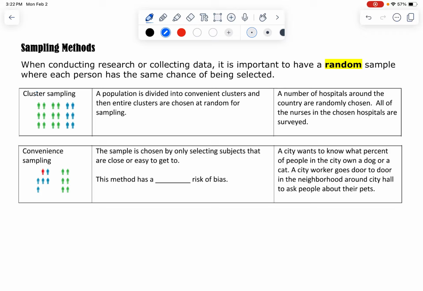An example of this would be a number of hospitals around the country are randomly chosen. So they pick some hospitals around the country, and then all of the nurses in the chosen hospitals are surveyed. So dividing it up by hospitals all around the country, and then all nurses. So hopefully that makes sense. This is really just like choose a couple groups and sample everyone in one of the groups.